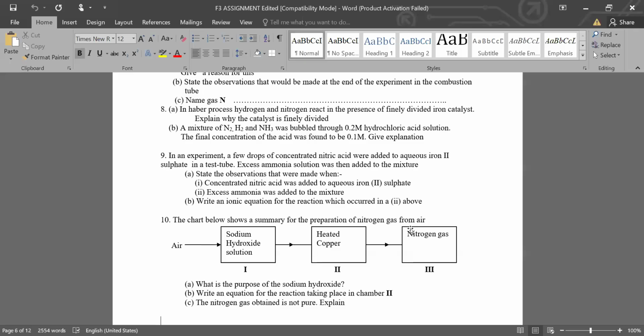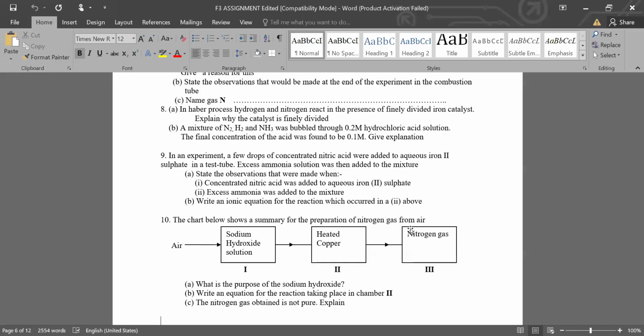Then the only gas now that is remaining in Roman number 3 is nitrogen gas, because CO2 has been removed and oxygen has also been removed. And nitrogen is remaining because nitrogen does not react with sodium hydroxide, because of its inert nature. It does not react with copper because of its inert nature.